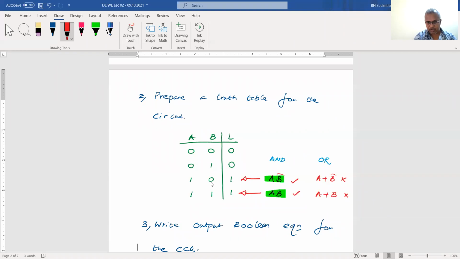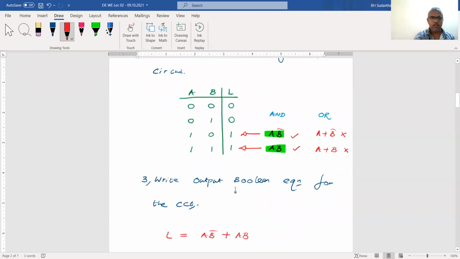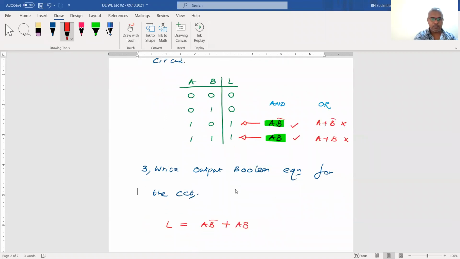To do that, we selected the AND operation, and you have to remember that you use AND all the time here. After writing these two terms, we have to combine them into one equation, and to combine them we use the OR operation.